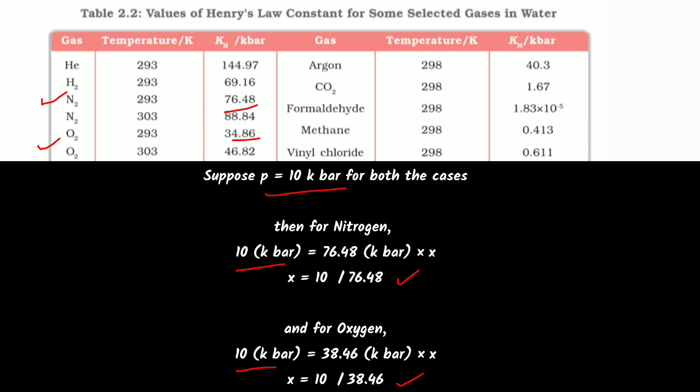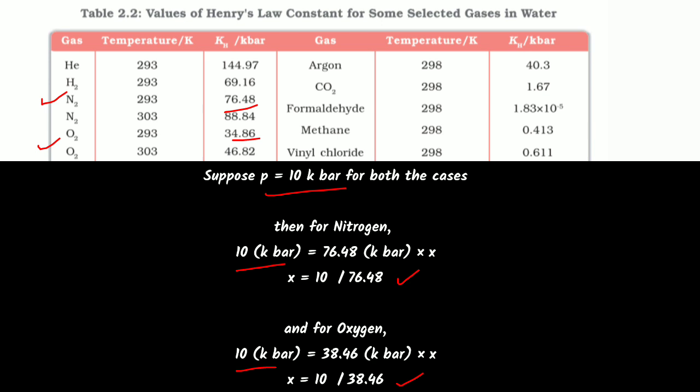You can understand this from table 2.2 also. Here some data of the kh are given, in kilobar. For nitrogen the kh value is 76.48, and for oxygen it is almost 34.86.